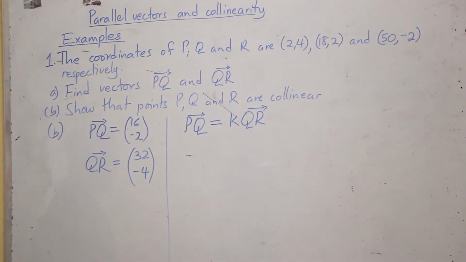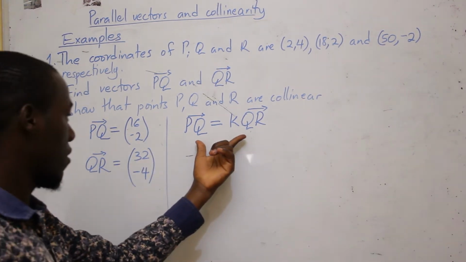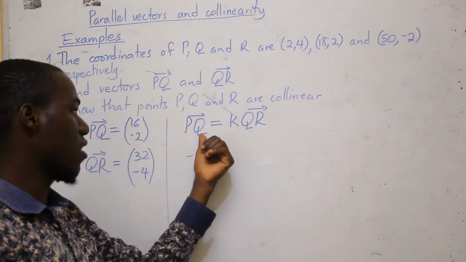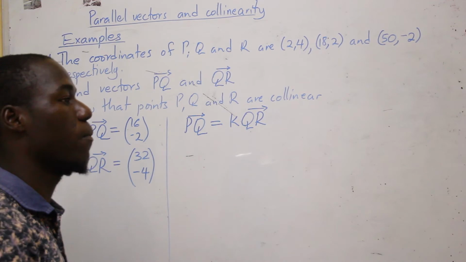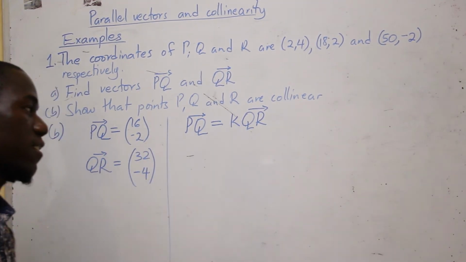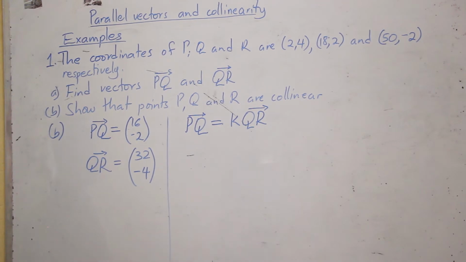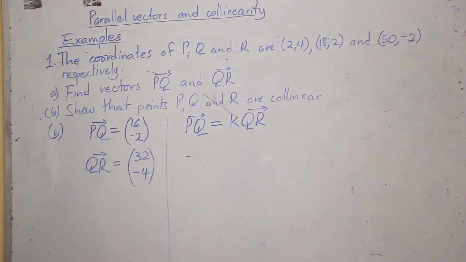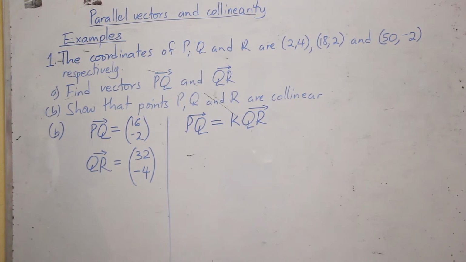That is what I need to show. First, these two vectors share a common point, which is Q. Then I need to get this scalar to prove that those two vectors are parallel. Then the points will become collinear.